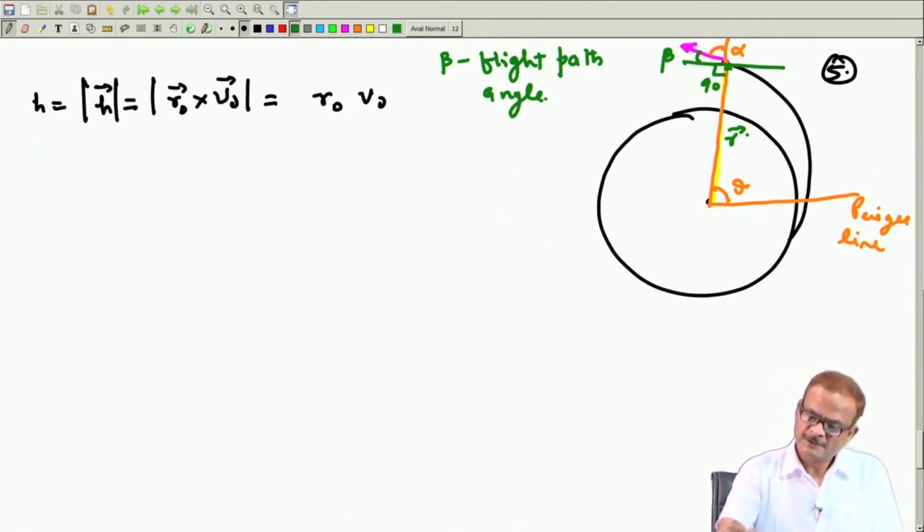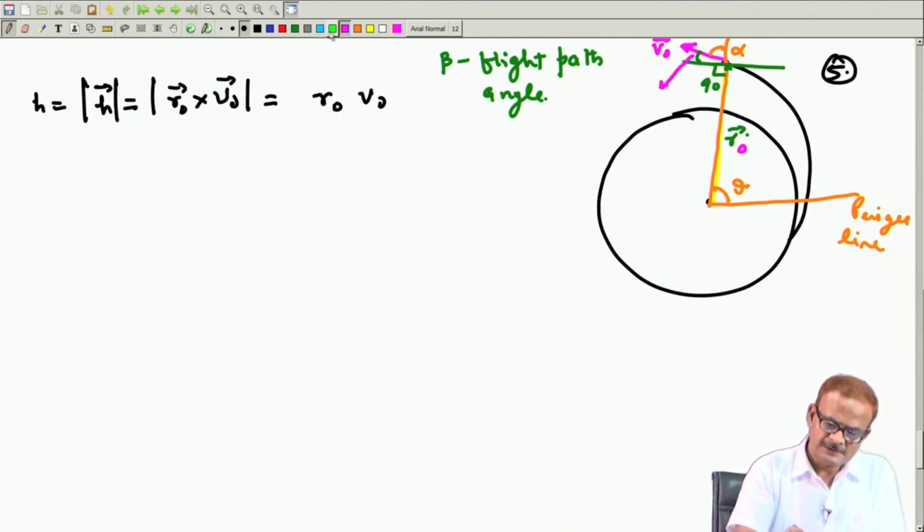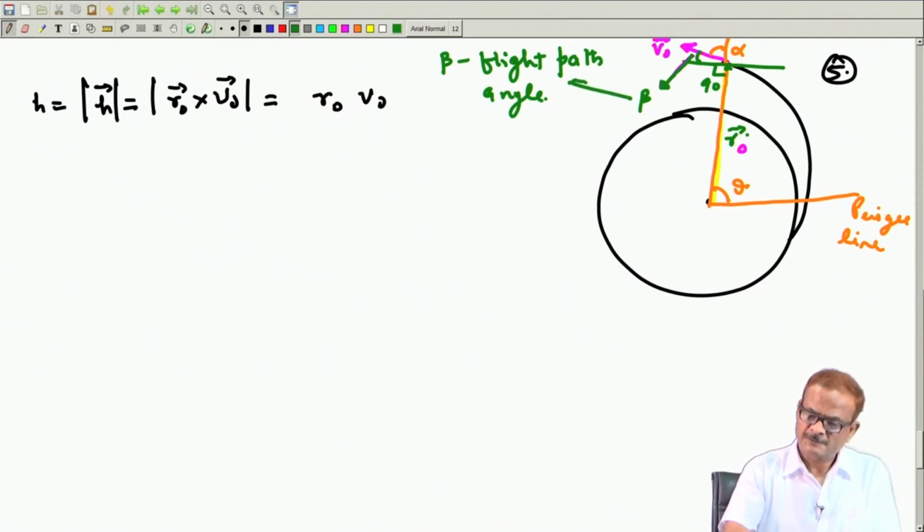So, this red vector which is appearing here is nothing but your v vector, v0, and this is r0, and this angle is beta, which we are calling the flight path angle.